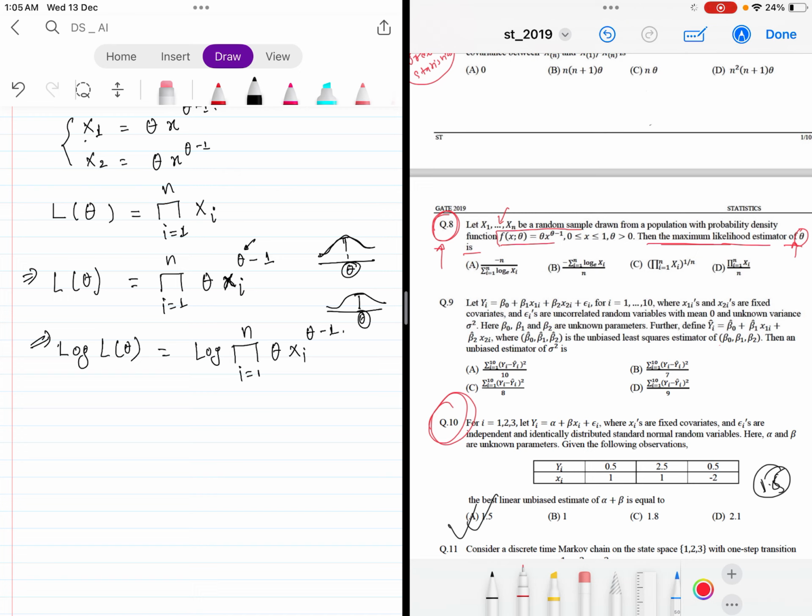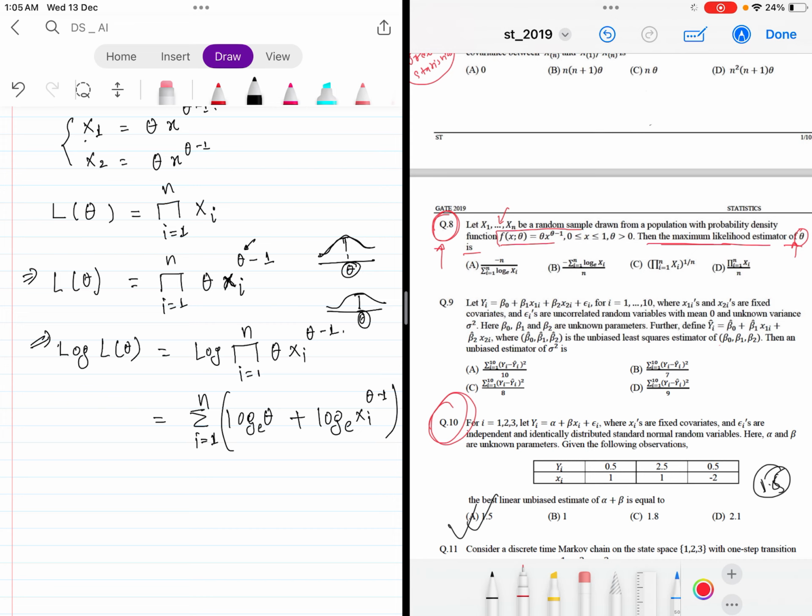If you take the log of this product and expand it, the product gets converted into a summation from I equals 1 to n, with log theta plus log of x_i to the power theta minus 1.